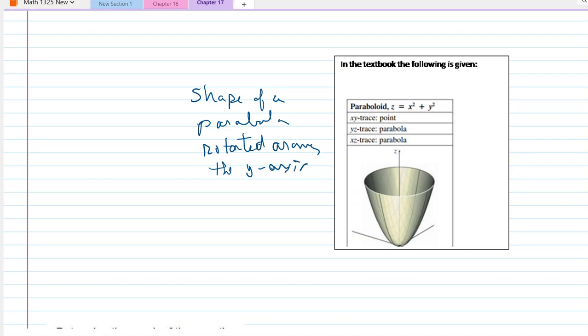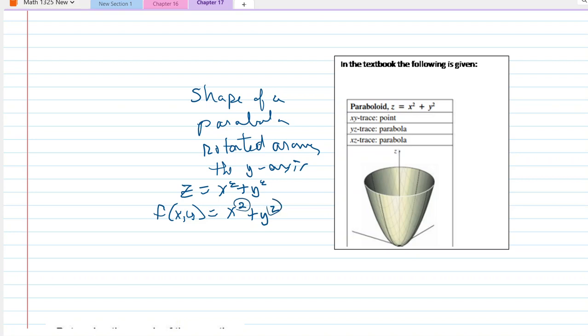So in this case, we're looking at the form z equals x squared plus y squared. So we're saying that f of x, y equals x squared plus y squared. Notice what we have. They are squared.